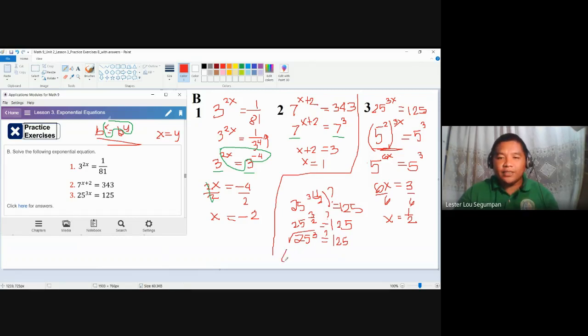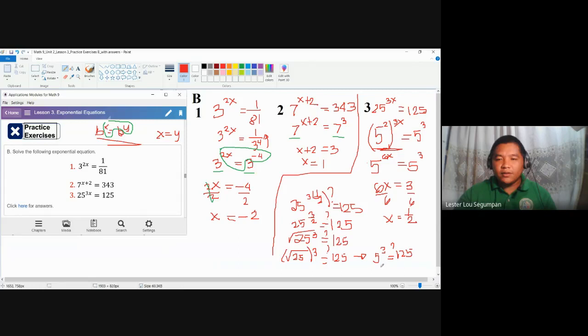We place the exponent of the radical outside as the exponent of the whole. So the square root of 25 is 5, cubed. Is it 125? So the final answer here is 5 cubed equals 125.